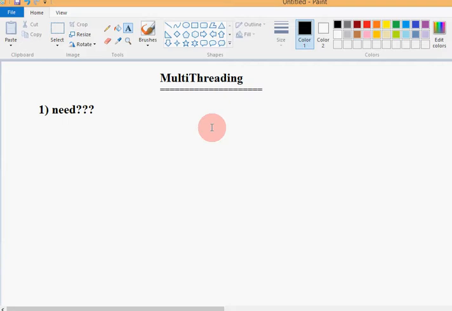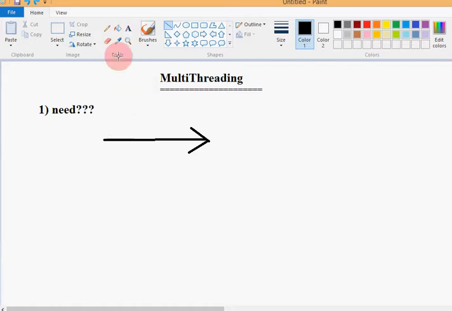Suppose the first thread, or first request, is given to the CPU. In sequential flow, if one task is completed, then another task is executed.